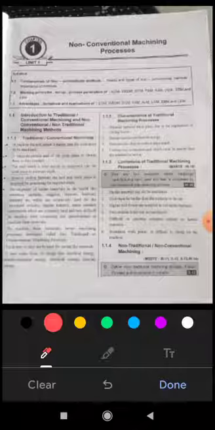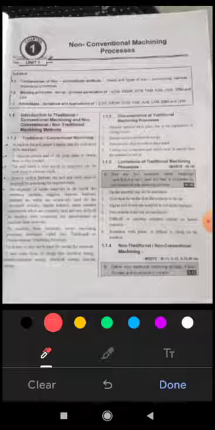This traditional machining process will not work, or cannot form the desired workpiece, because we don't have a tool harder than that hard workpiece material. So again the traditional machining process fails over here.